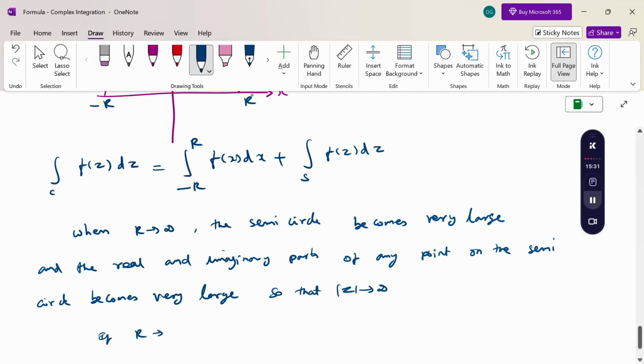If R tends to infinity, then the integral over the curve S of f of z dz tends to 0. So this is the second type of the problem.